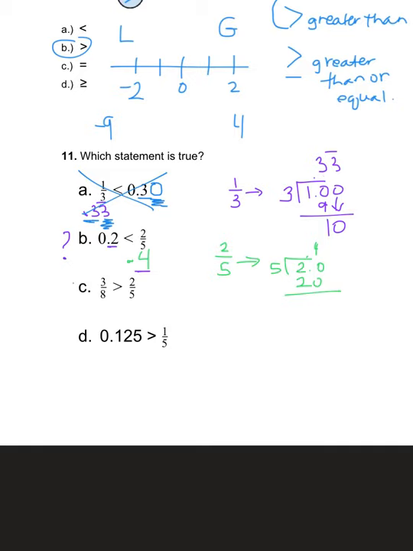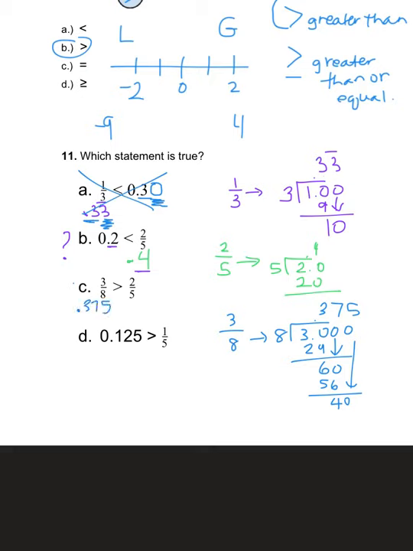Letter C, 3/8. I'm going to go ahead and convert that. 3/8 will be 3 on the inside, 8 on the outside. 8 doesn't go into 3, so add a decimal. You get a 3, 24, subtract, add another, and that would be a 7, 56, subtract, and you would end with 0.375. Okay, so 0.375 over here, and 2/5 we already know from before was 0.4.